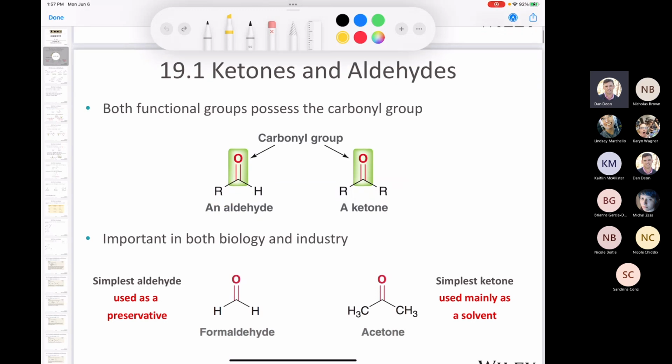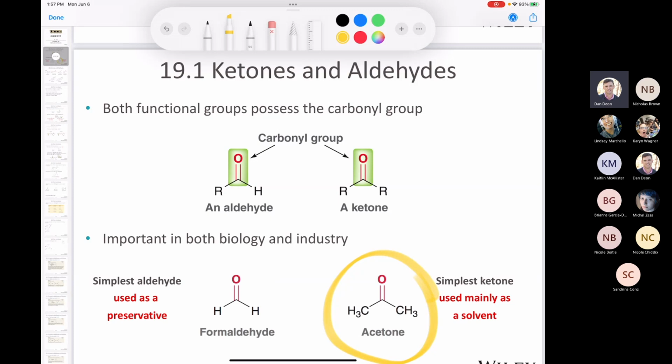And what's neat is that ketones and aldehydes are kind of ubiquitous in biology and industry, so they're everywhere. What are some aldehydes and ketones that you would know? Well, the simplest possible aldehyde is formaldehyde, and I'm sure that everybody has heard of formaldehyde. It's used as a preservative, and I think that everybody here has heard of acetone, especially if you did the wet lab in Organic Chemistry 1.